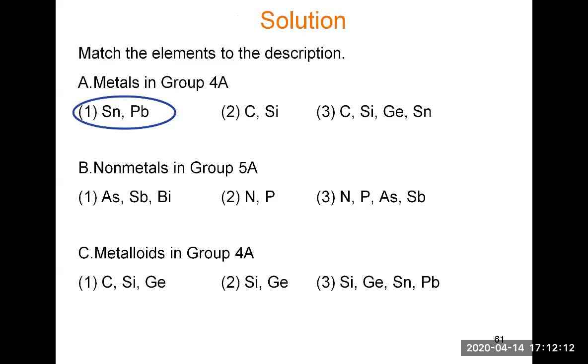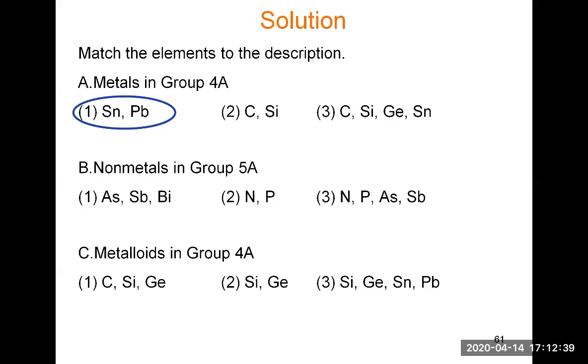Actually, silicon is also a metalloid. So from group 4A, you start with carbon, which is a non-metal. Then you have silicon and germanium, which are metalloids. And then you end with tin and Pb, which are metals. So the metals from group 4A would be tin and Pb.